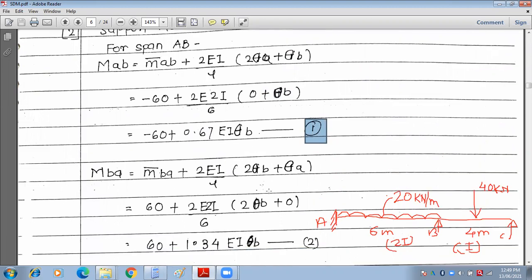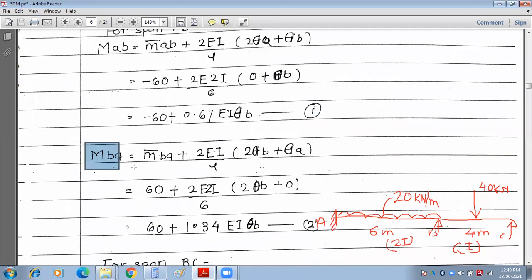Now let us apply this equation for the BA span. Fixed moment BA plus 2EI upon L into bracket 2 theta B plus theta A. Here we interchange because this span has changed. As we know, fixed moment BA is plus 60. And here again the I value is twice I, and span L is 6 meter.